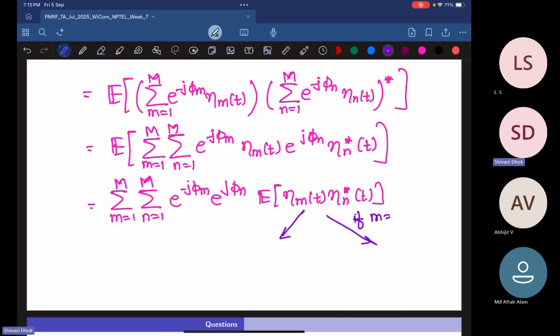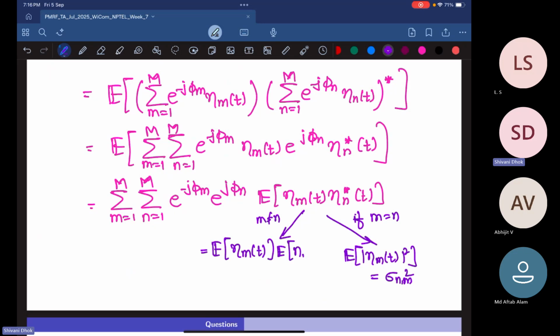First, if m equal to n, then your expectation of this quantity reduces to magnitude of eta m of t whole square, which is nothing but your sigma nm square. Here n stands for noise, not the index. Then if m is not equal to n, this expectation factorizes, that is expectation of eta m of t into expectation of eta n conjugate of t. Since both of these are zero mean random variables, this product comes out to be equal to 0.